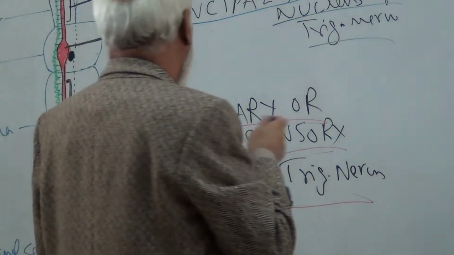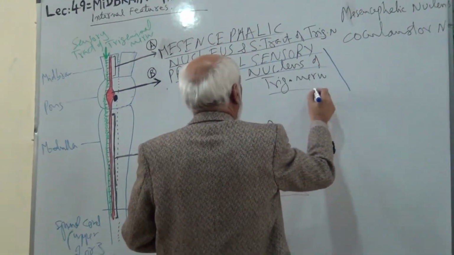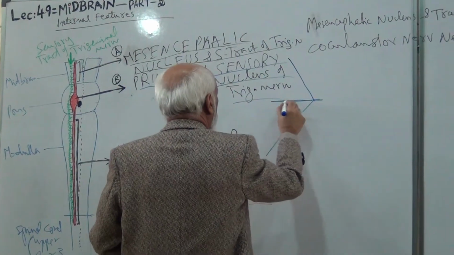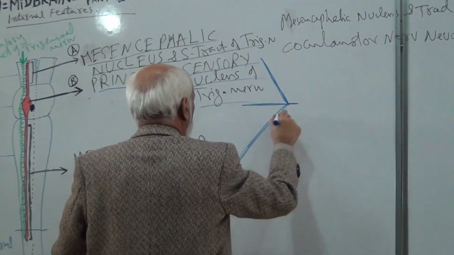So these are the different parts of the sensory nucleus and tract of the trigeminal nerve.